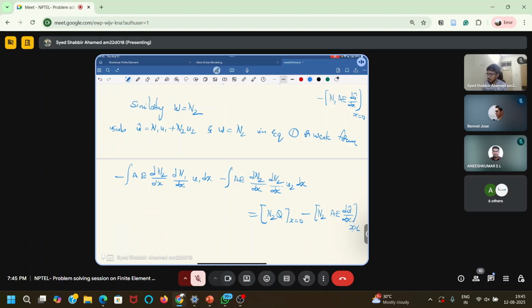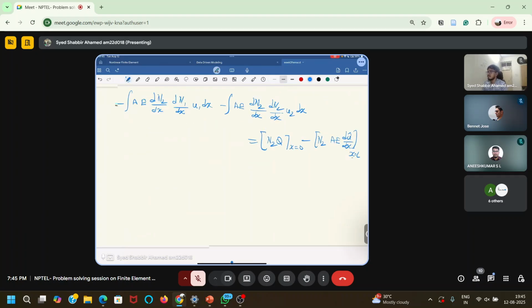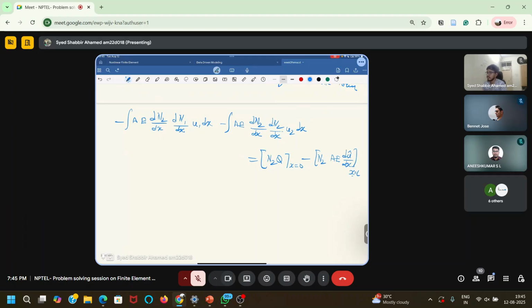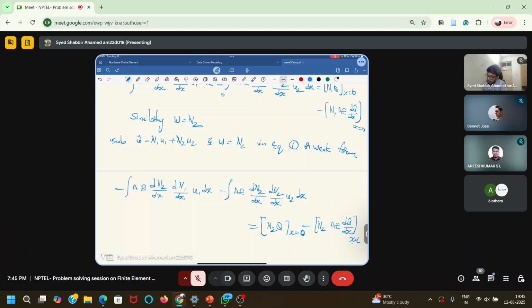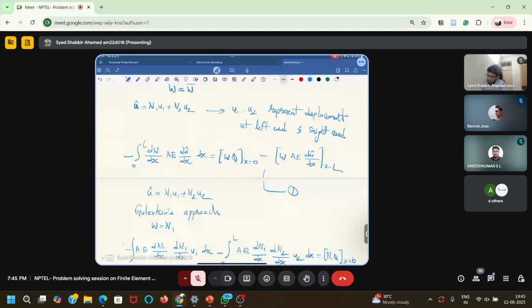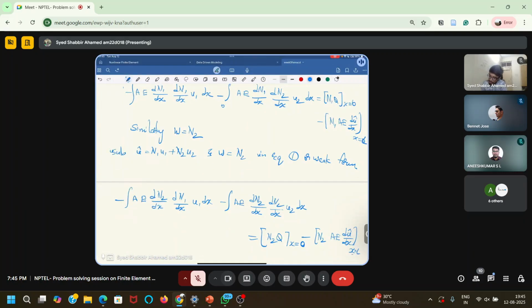So this is x equals to L. So now, integrating polynomial, whichever we are taking here, this is x is equal to 0 and this is x is equal to 0. Okay, this is x is equal to 0.